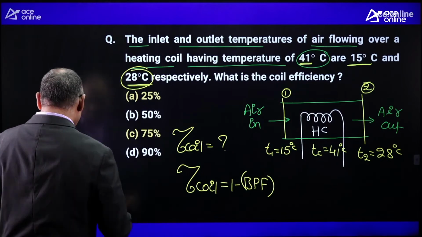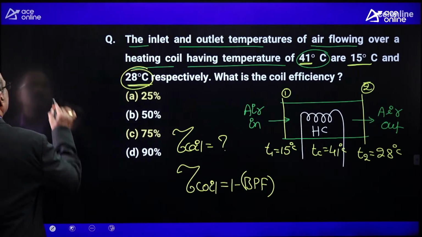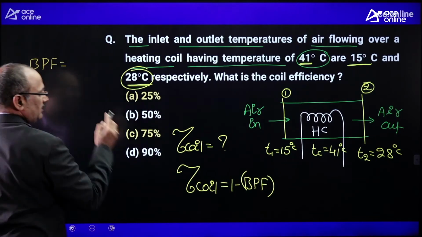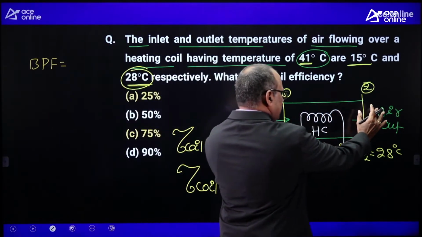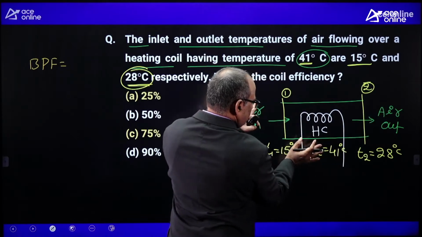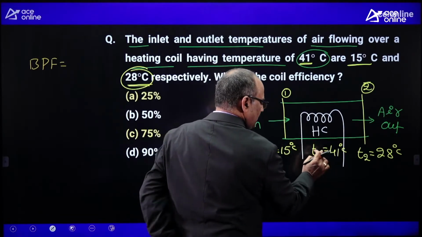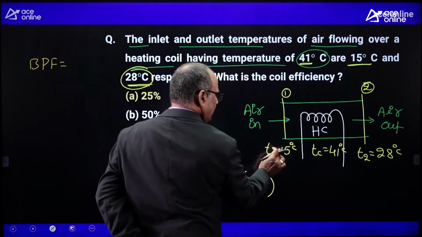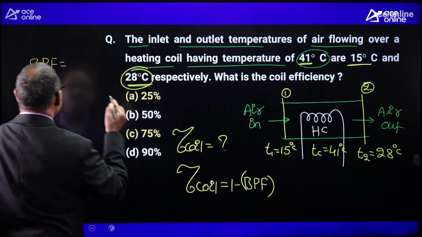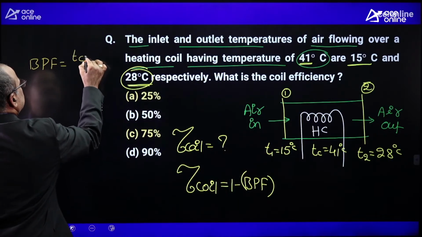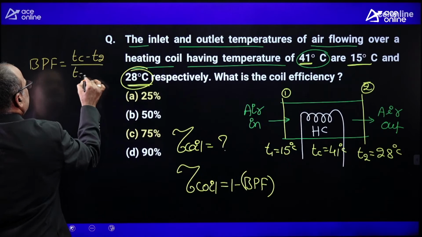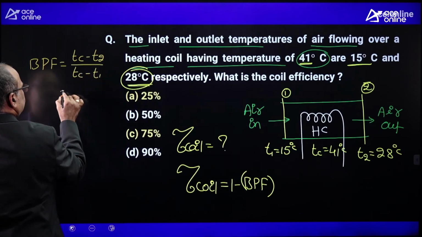The bypass factor BPF is equal to this temperature difference divided by this temperature difference. It means Tc minus T2 divided by Tc minus T1. Let me write it clearly. Tc minus T2 divided by Tc minus T1.